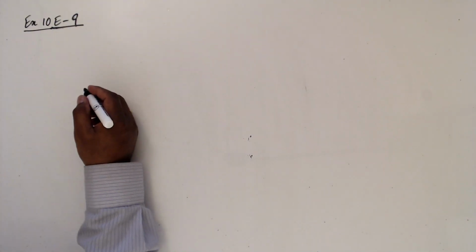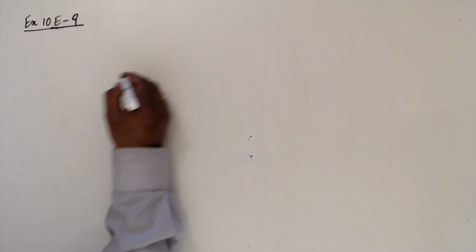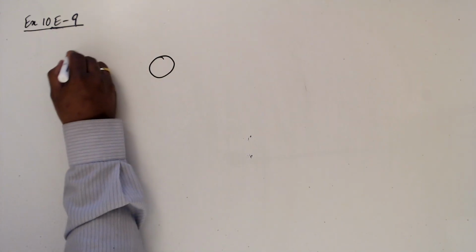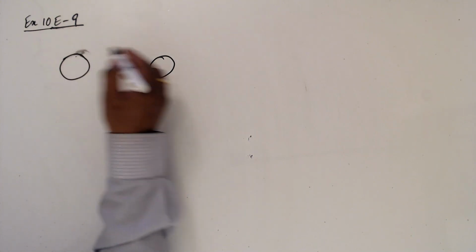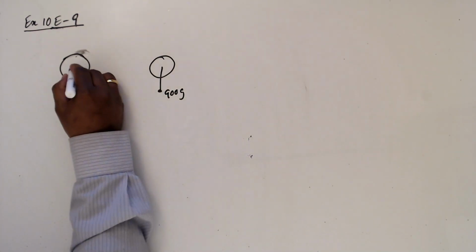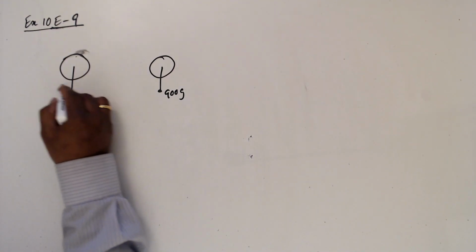Question number 9. A car of mass 900 kg pulls a trailer of mass 300 kg along a road. So 900 and 300, so this is 900g and this is 300g.